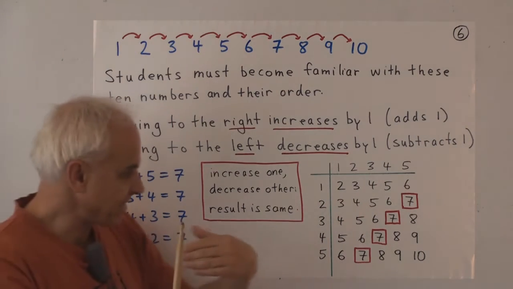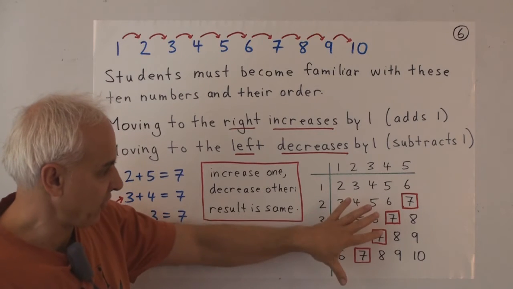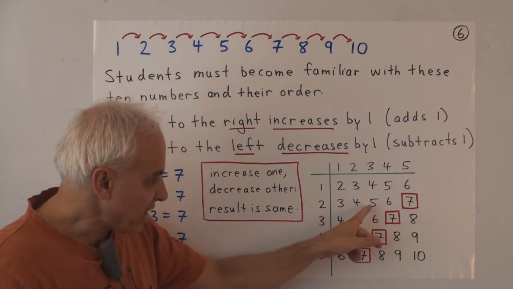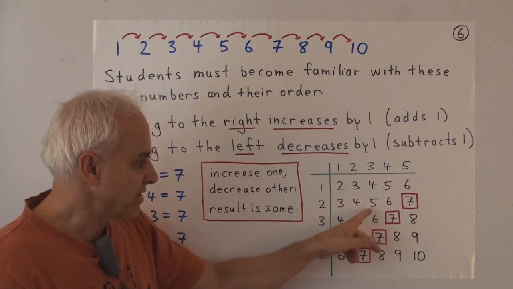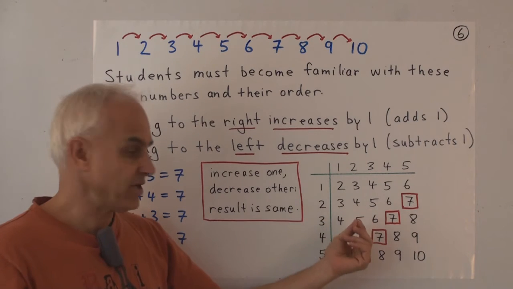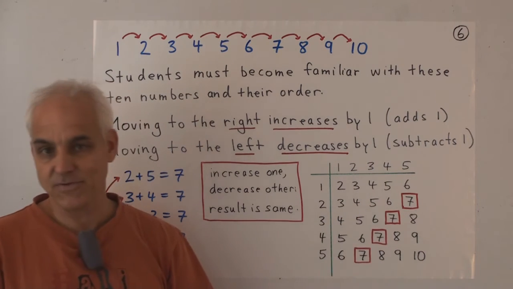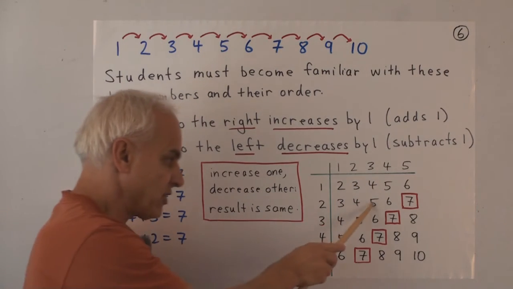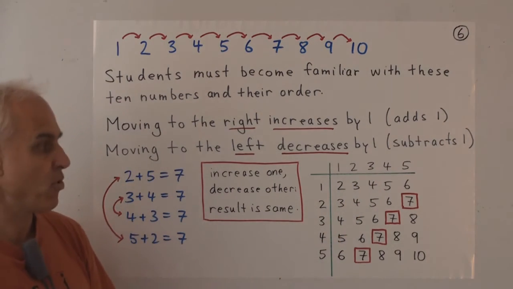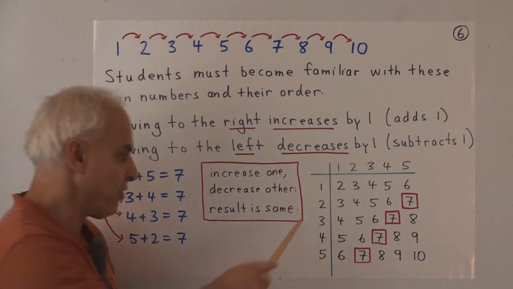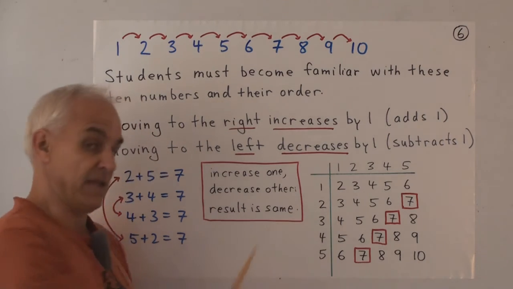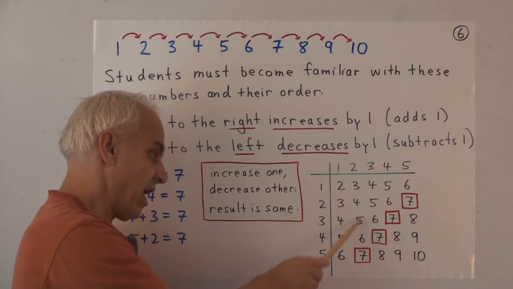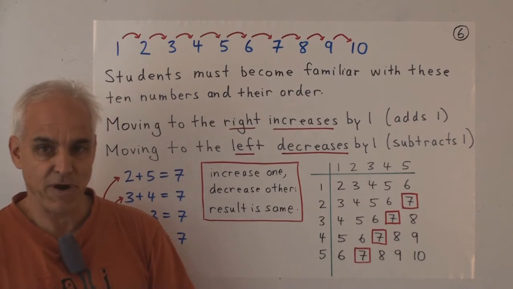So students should get a sense of the interconnectedness of this table, that adjacent entries have a direct and easy to understand relation to the entry that you've started with. If you move one of these numbers up, or perhaps down, then the answer moves up or down by a corresponding amount.